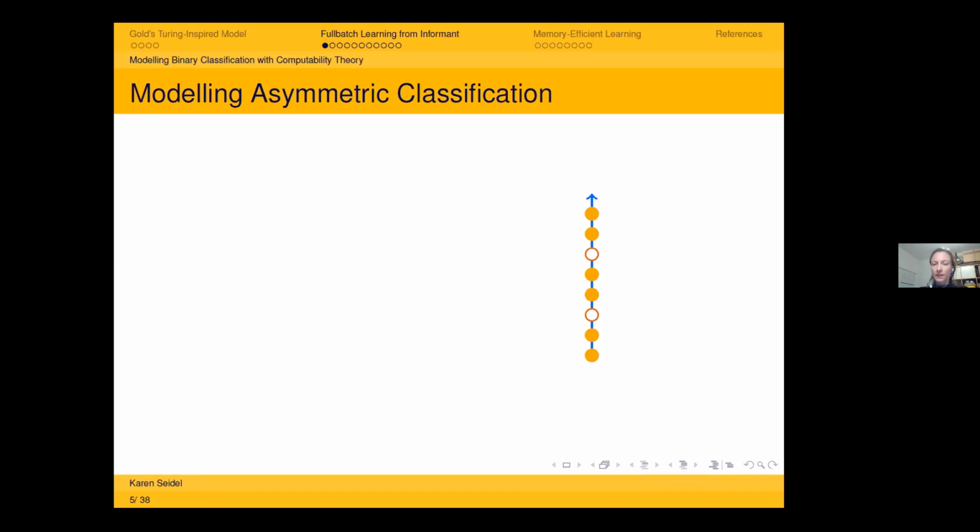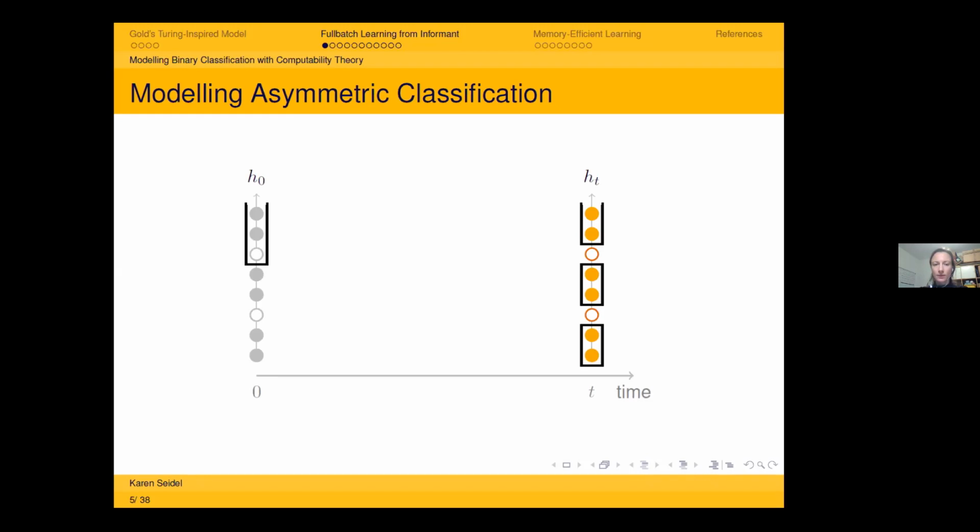So the very general hypothesis space that is very often considered is the so-called W hypothesis space, which is the collection of all recursively enumerable sets. And at some time t, we want to output some hypothesis ht that stands for this grammar. Now again, to visualize the learning process, we start with some initial hypothesis without any information.